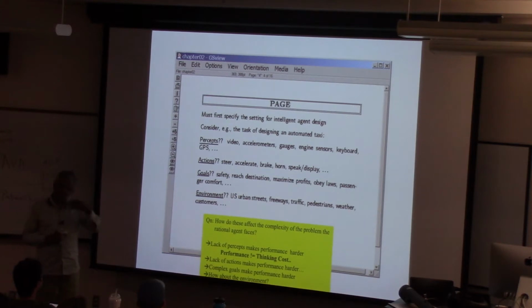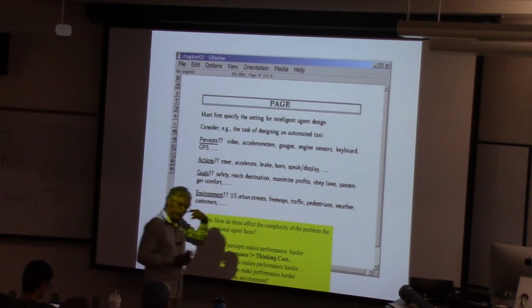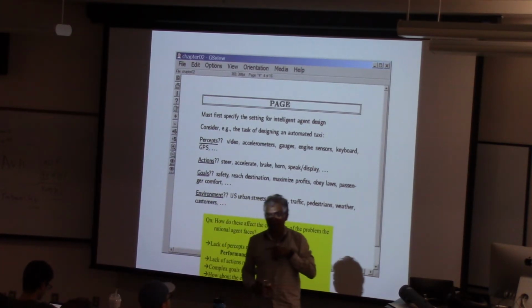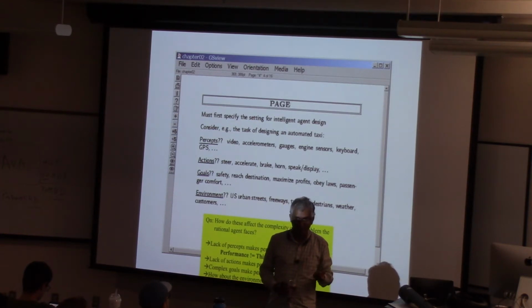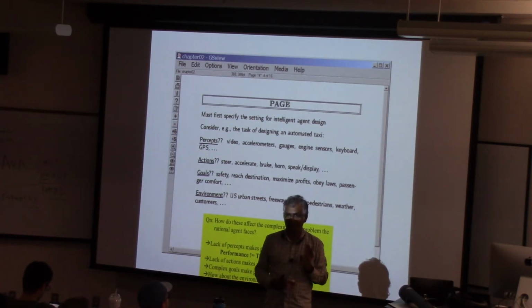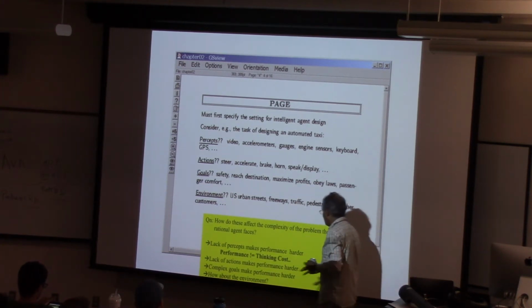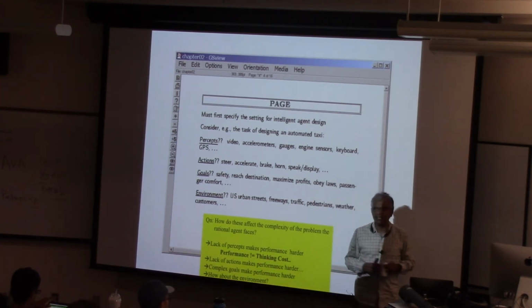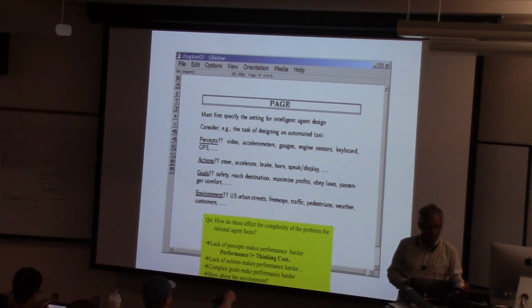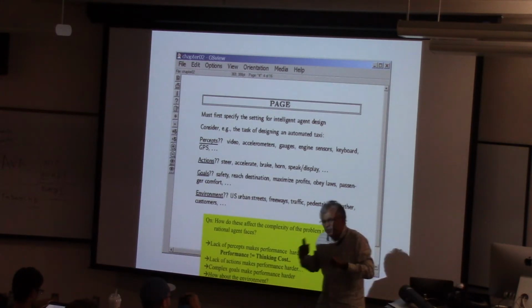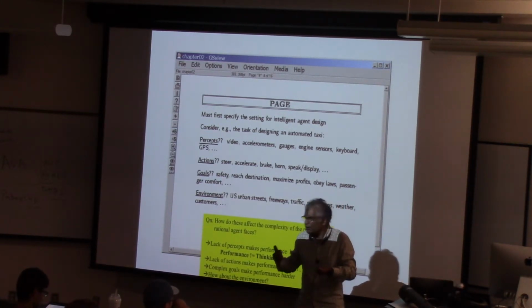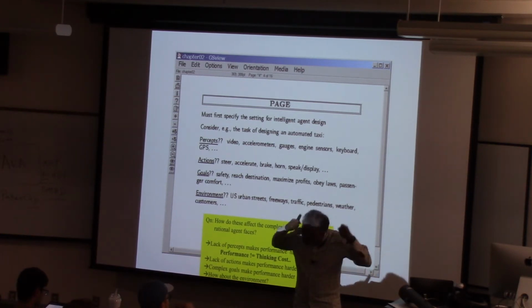You would think full percepts will give you a chance to have higher performance. If you have no percepts, you will have a chance to have lower performance. But I wrote something else here. Performance is not equal to thinking cost. If you look at the traffic, sometimes it's very mind-boggling. You have to look at what's going on. The best way to go fast is close your eyes, honk, and just go.